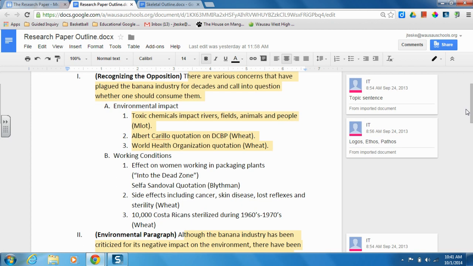Letters A and B are me compartmentalizing my paragraph in 2 primary ideas: environmental impact and working conditions. And clearly this is something we've been hashing over in class over the past couple of weeks, so they're big ideas that we're familiar with.